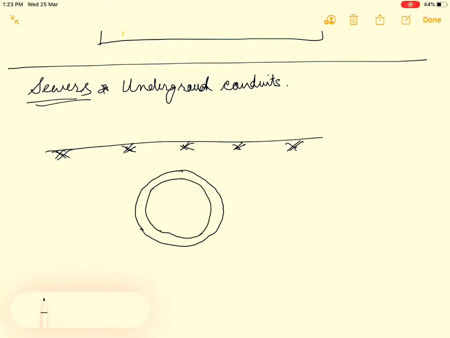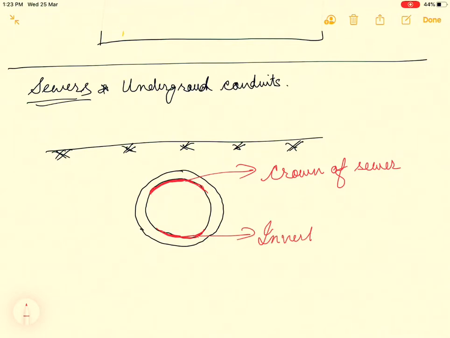Now, the most important parts of the sewer: this portion, the inner surface at the top, is called the crown of the sewer. And this is the bottom part, which is called the invert of the sewer. These are the most important terms: the crown and the invert.